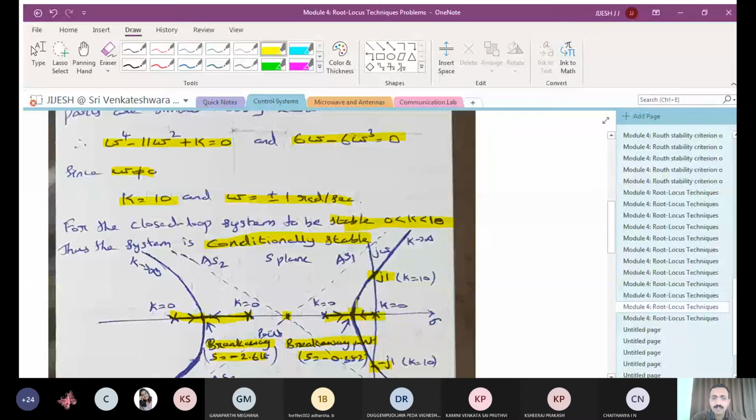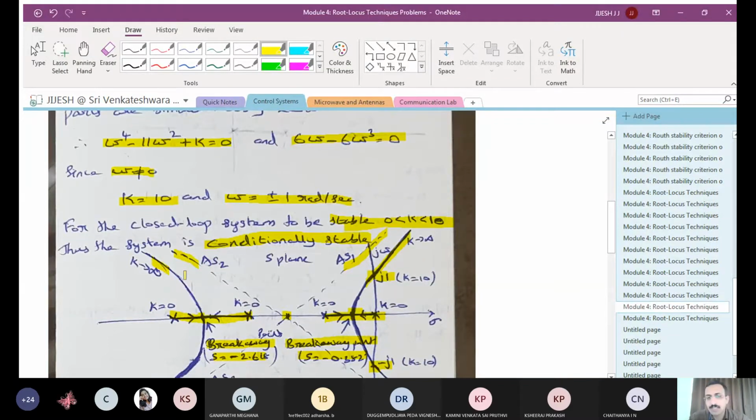Connect the line, and this root locus should go parallel with the asymptote. So this is the asymptote, this is the root locus. You can see that they move parallel to each other. Also here, it is an asymptote, and you can see that it moves parallel to each other, and we say that at infinity they meet each other.